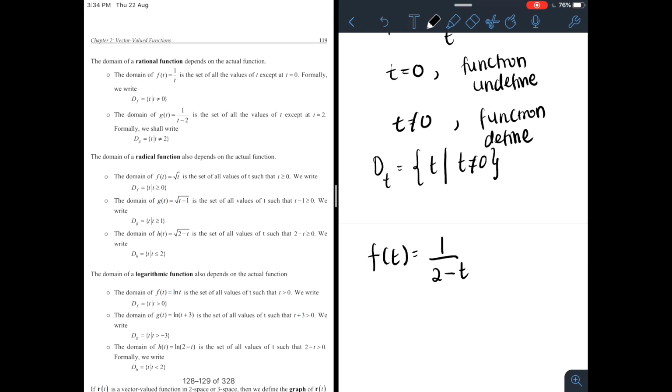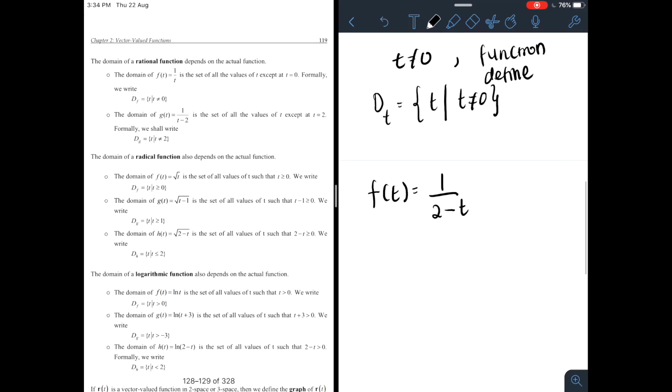First and foremost, you need to know what this function is. This is actually a rational function. So when you have this form of function, you need to know that the denominator cannot become 0, because when it turns out to be 0, your function will be undefined.